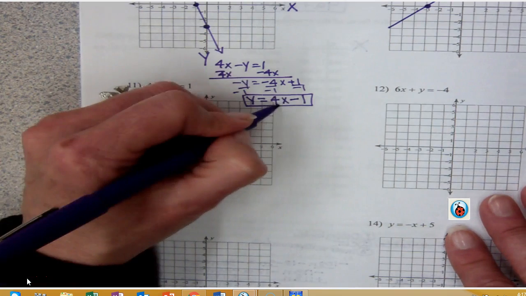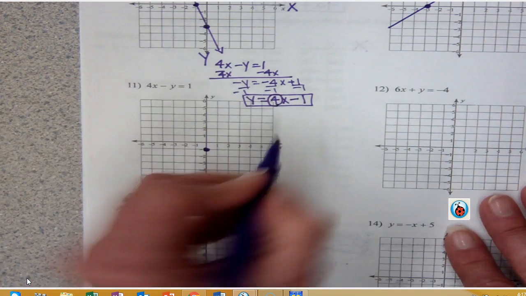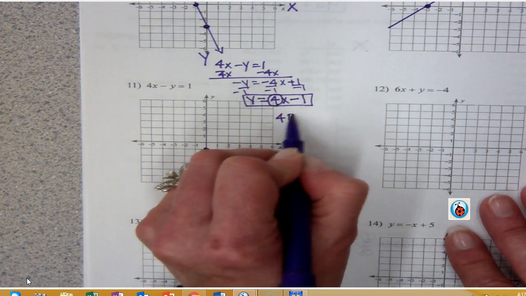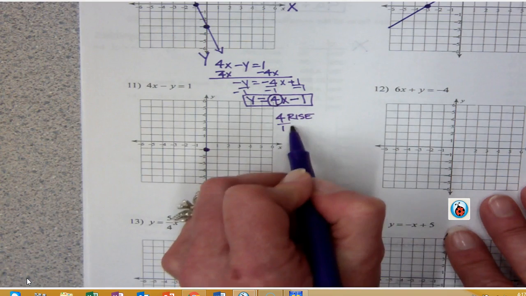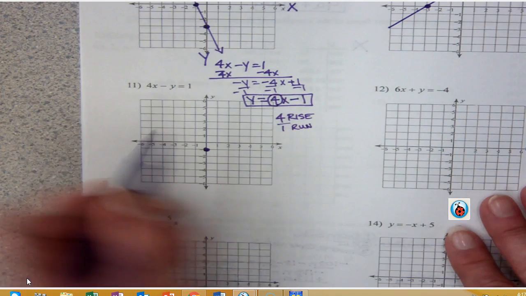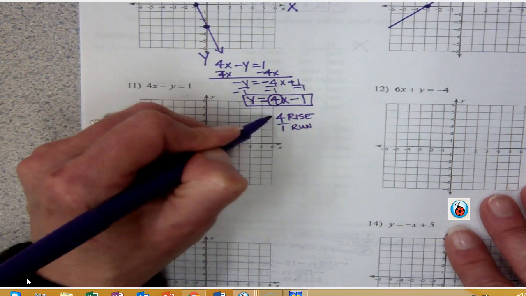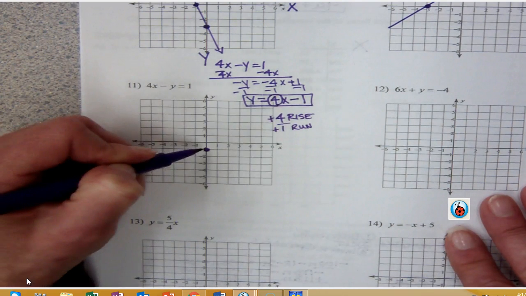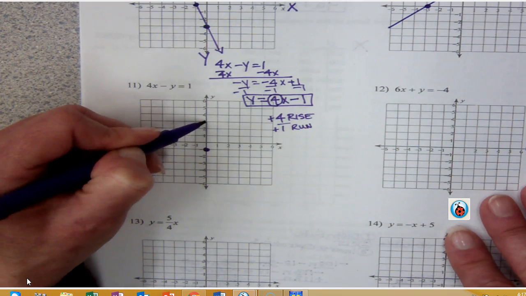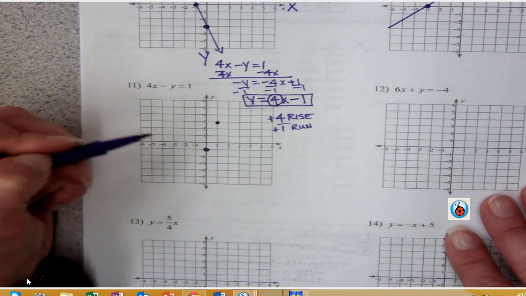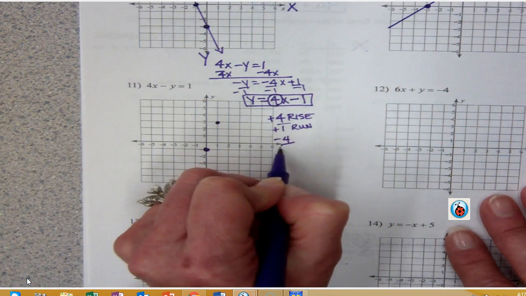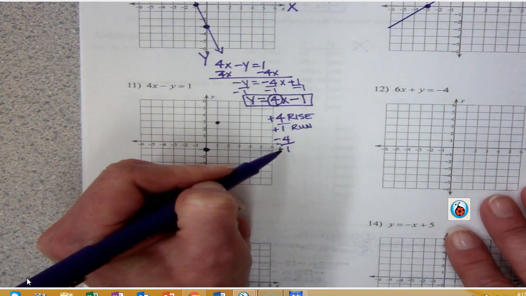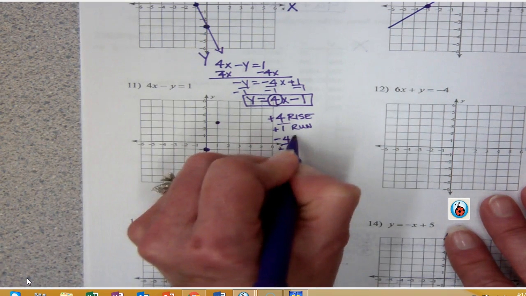My slope is 4. That means 4 is my rise. And we know that we can put a 1 under there as my run. So we're going to go up 4 because this is positive over positive. 1, 2, 3, 4, and over 1. We could also do a negative 4 over a negative 1 because a negative over a negative is a positive.